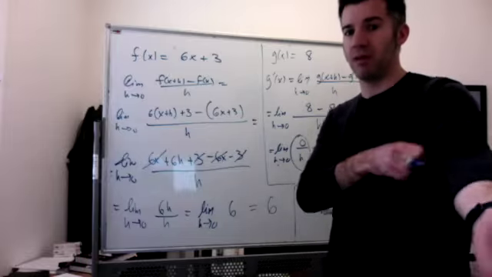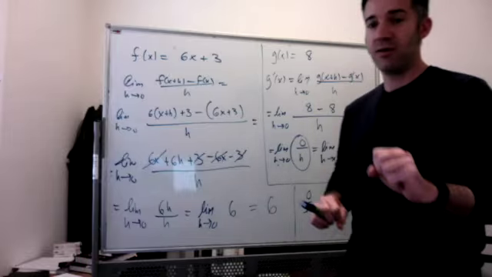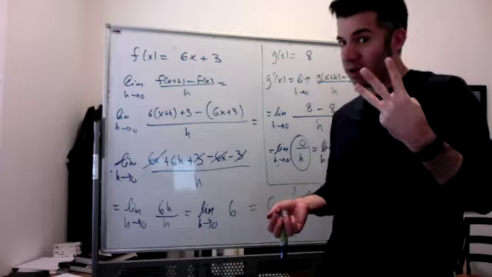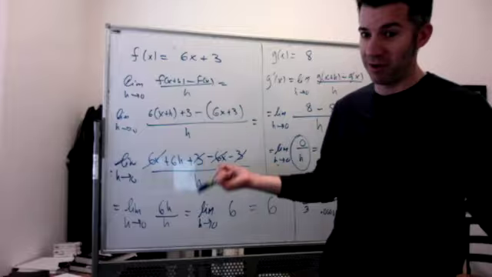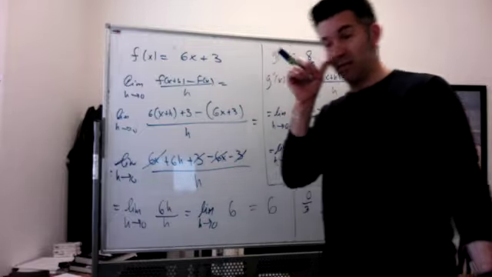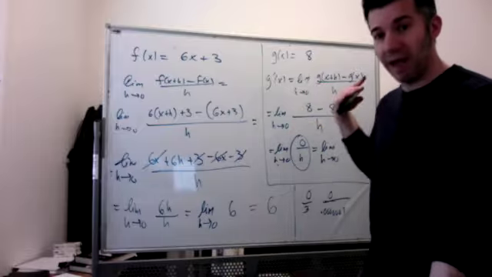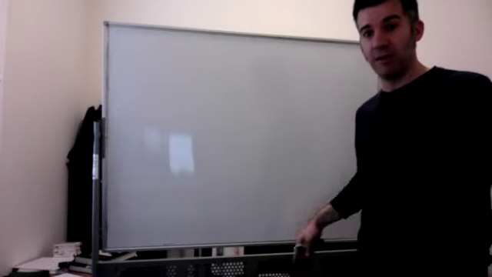You should only be using the limit definition if the problem on your test says to, the homework says to, or you're in the limit definition chapter of the book. But really, most of the time, we're not going to be using the limit definition of the derivative unless you're asked to. Or it's a new type of function, and we need to go back to the drawing board.